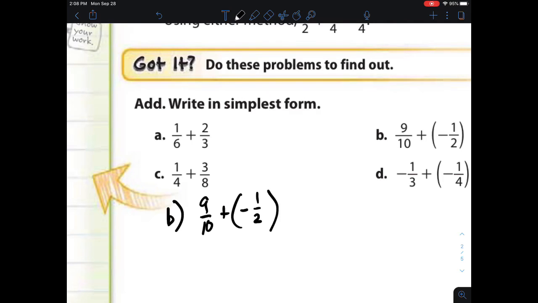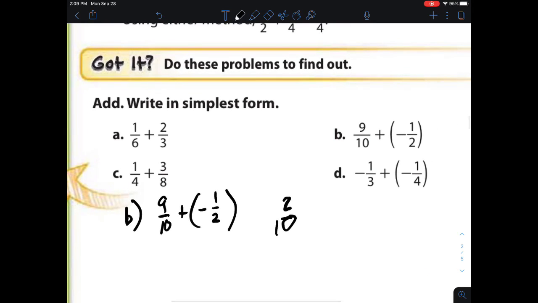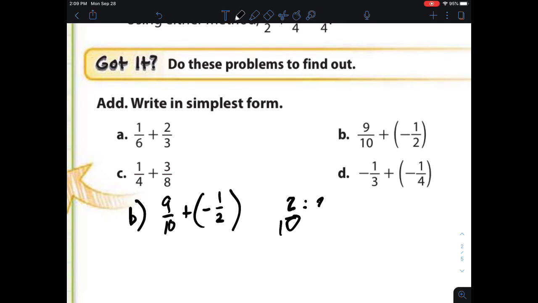So if I were to find the least common denominator of 9/10 and negative 1/2, I need to find the LCM of 2 and 10. If I look at the multiples of 2, they are 2, 4, 6, 8, 10.